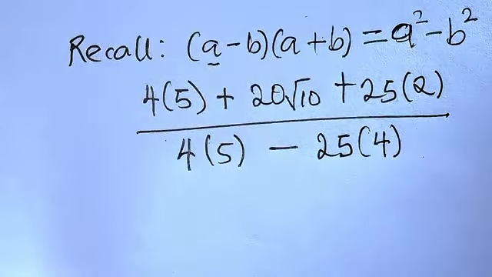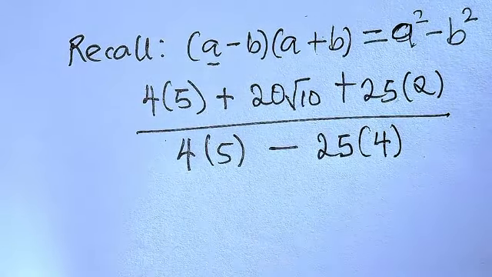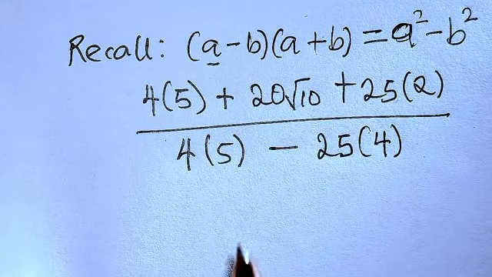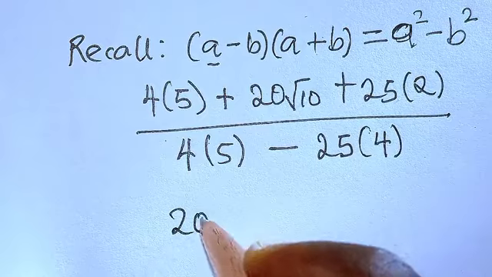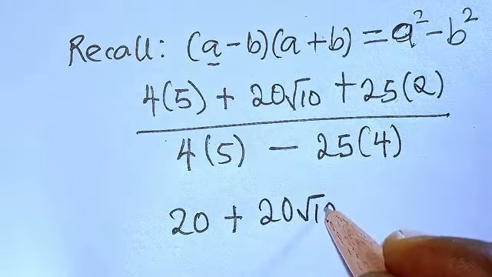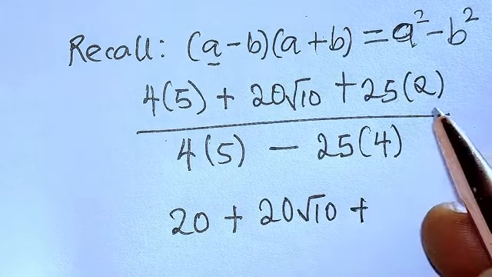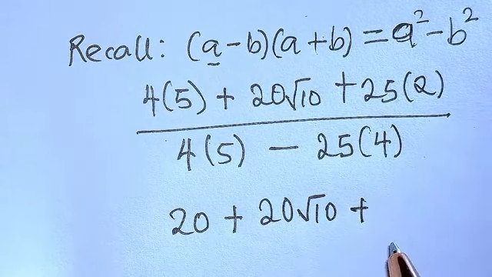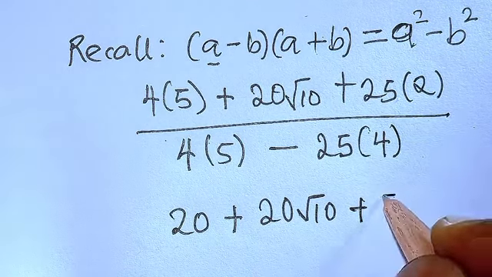Now from there, let's simplify further. 4 times 5 is 20, plus 20 root 10, then plus 25 times 2, that will give us 50.